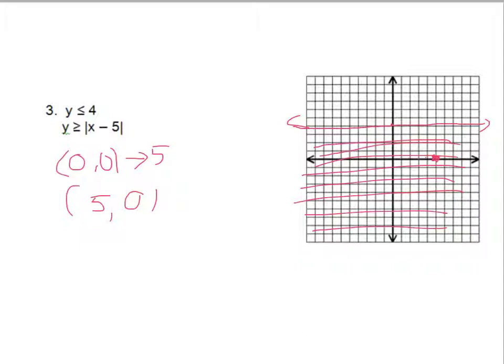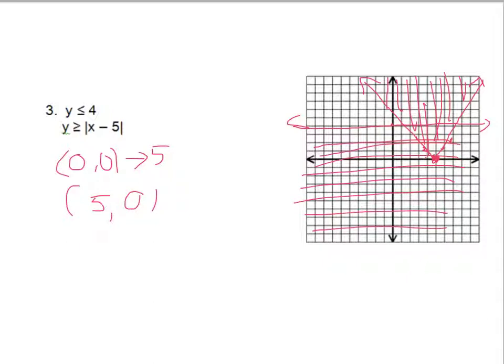There's no vertical stretch, so my slope basically is still 1 and 1, 1 and negative 1. It's greater than or equal to, so solid line. And then since it's greater than, shade in above the V.